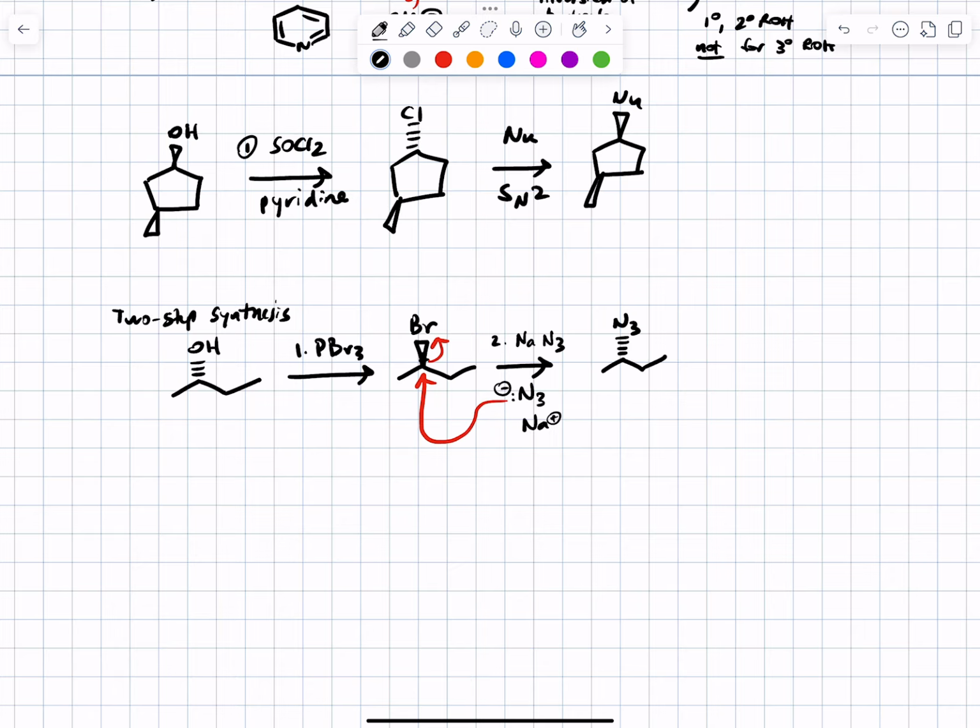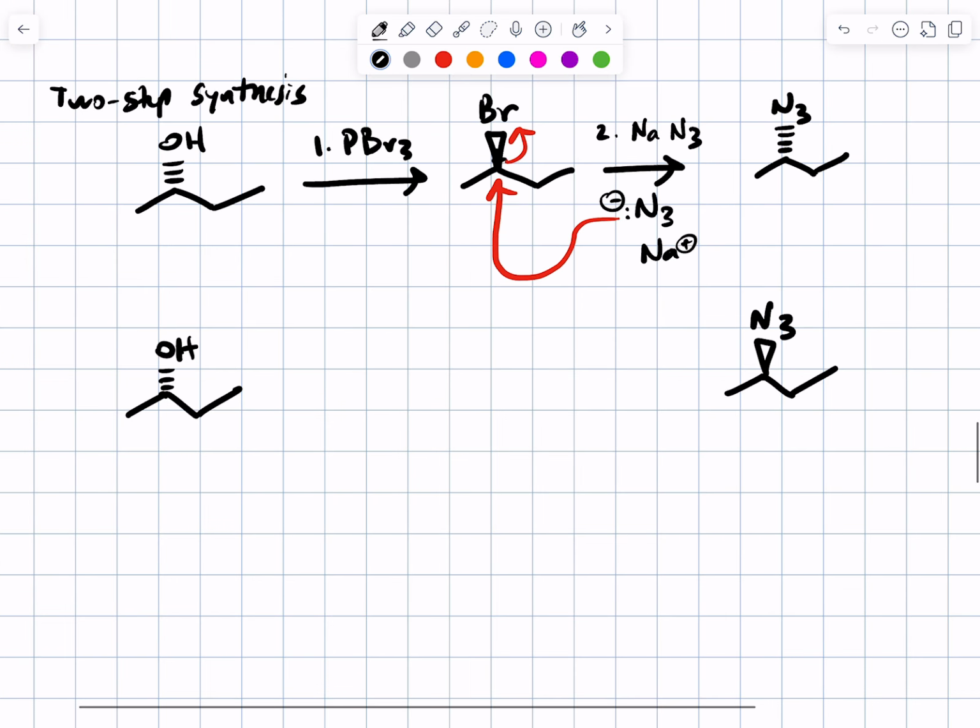Suppose that I wanted to start with this alcohol, and suppose for whatever reason I wanted to get only that. I wanted to get that azide product, and I wanted it to have wedge stereochemistry instead of dash stereochemistry.